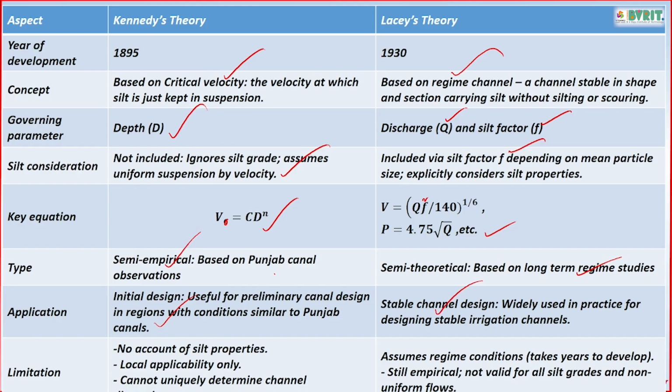Lacey's is a stable channel design widely used in practice for designing stable irrigation canals. And limitations: Kennedy's has no account for silt properties, local applicability only in Punjab basically, and the channel cannot be uniquely determined because it is a trial and error procedure. Lacey's assumes regime conditions that take years to develop actually, and the semi-empirical equation is not valid for all silt grades because we are assuming the silt grade and silt charge are constant. So these are the main comparison points between Kennedy's theory and Lacey's theory.